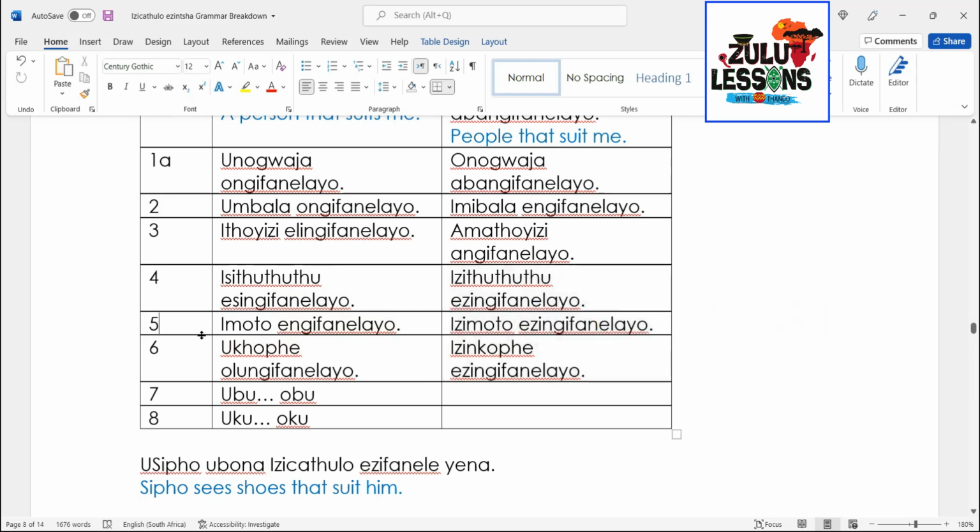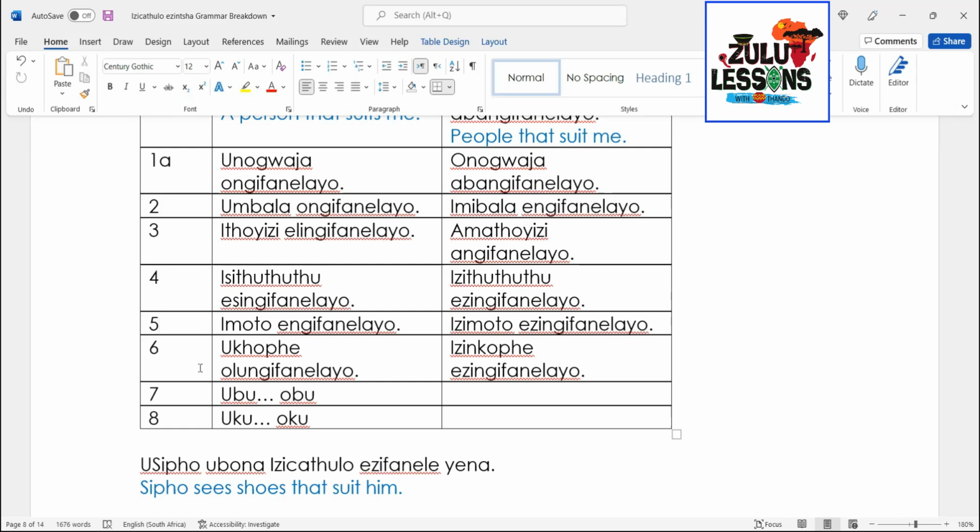Now, class 5, imoto. Imoto is a car, borrowed from the word motor in English, a motor. So, imoto. Listen to how I'm pronouncing it, that M, imoto. Do you hear that? The M and the O, I kind of pull the O a little bit, imoto.